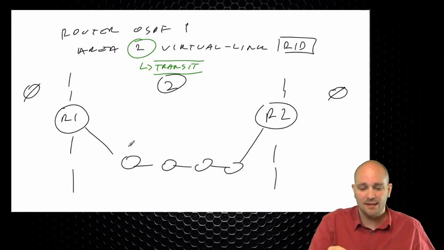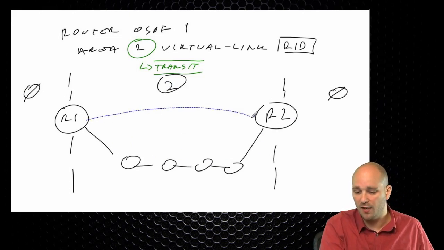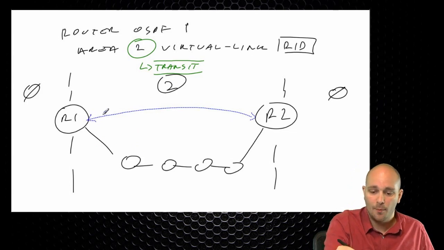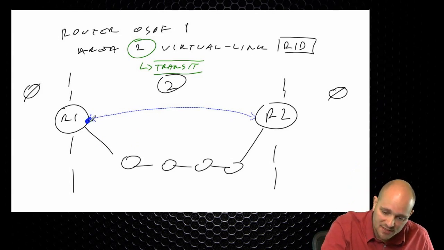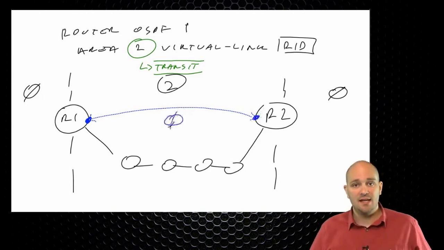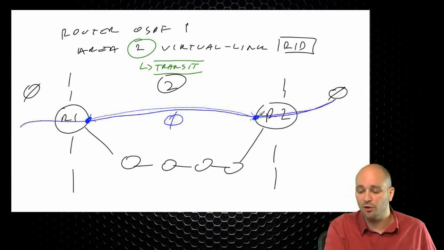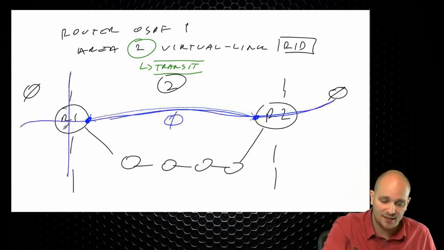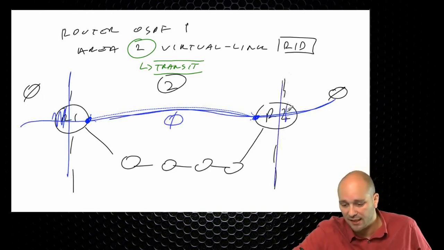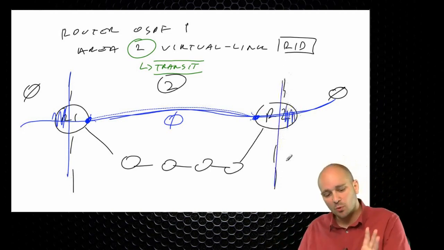What we are basically telling our routers is, in area 2, create this virtual connection between R1 and R2, but this virtual interface that gets created here and here will actually be in area 0, creating one contiguous area 0 so that the database on this side and the database on this side can actually be in sync. So this is what virtual links do.